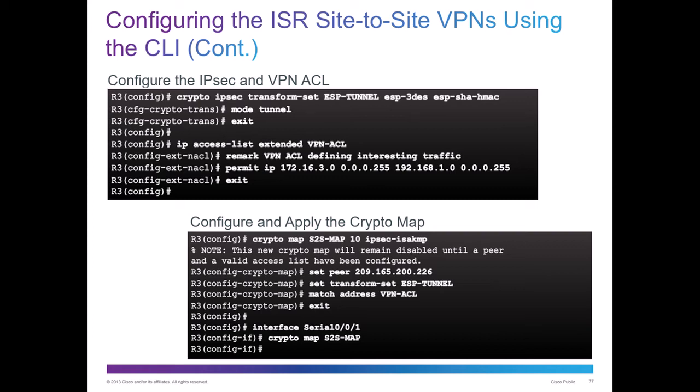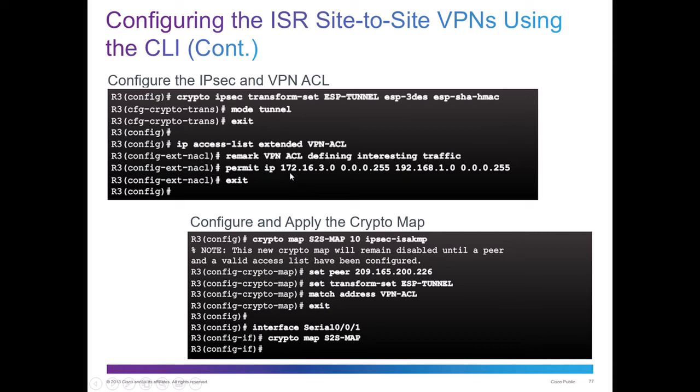So again, now we're going to configure the ASA. Write these down. These are the commands to configure the IPsec VPN ACL. You're doing the crypto IPsec transform set. This is the encryption that's going to encrypt the payload, right? And the interesting traffic: which traffic is going to be encrypted?